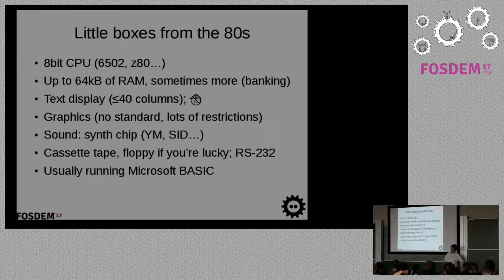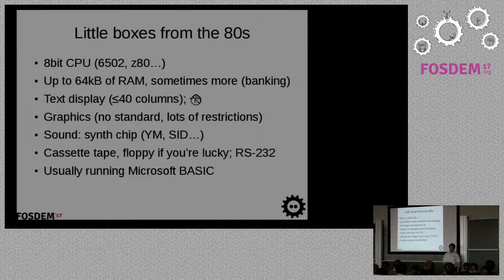Those were small boxes with an 8-bit CPU, either 6502 or Z80, there were many at the time before Intel took the whole market. Most of them had much less than 64 kilobytes of RAM. That's not much.